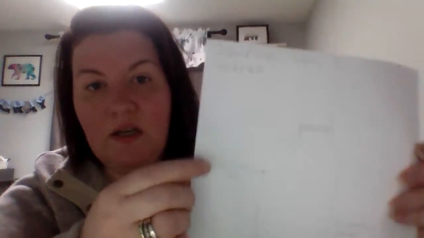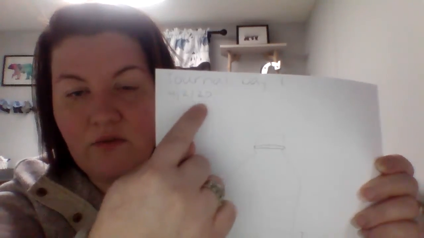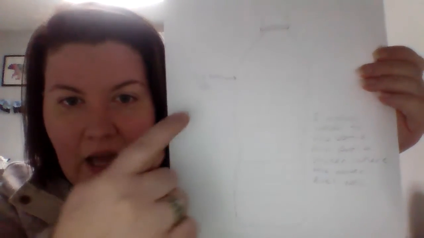So I'll show you what I have so far. So I have journal day 1, today's date, 4/2/20. I actually traced the water bottle. I put my little arrow here to show where my water level is. And then on it, I wrote, I added water to the bottle and put a sticker where the water level was.